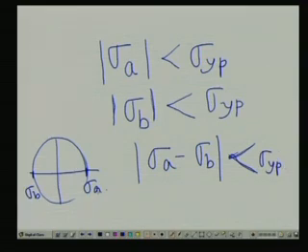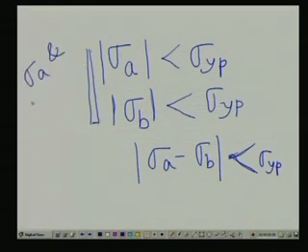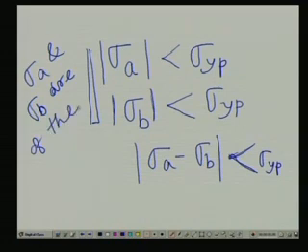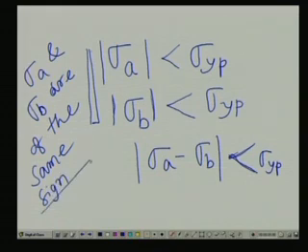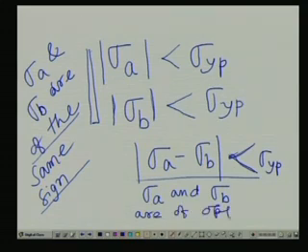So, you understand the meaning: if we consider these equations, then this is when sigma A and sigma B are of the same sign, and this denotes that sigma A and sigma B are of opposite sign.